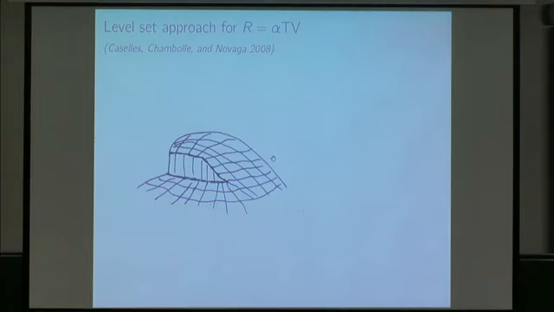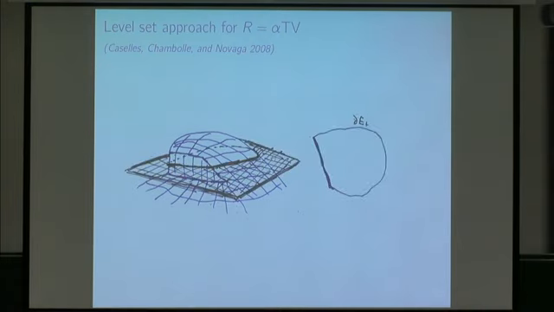So there is a proof from 2008 that total variation doesn't introduce edges. It starts like this. We supposedly have an edge here in our solution image U, which is sketched here. We extract a level set, which is here, like this, and supposedly it jumps here, and in particular it jumps at some point here, and now we extract another level set S. And actually, it turns out that S is a lower level set.